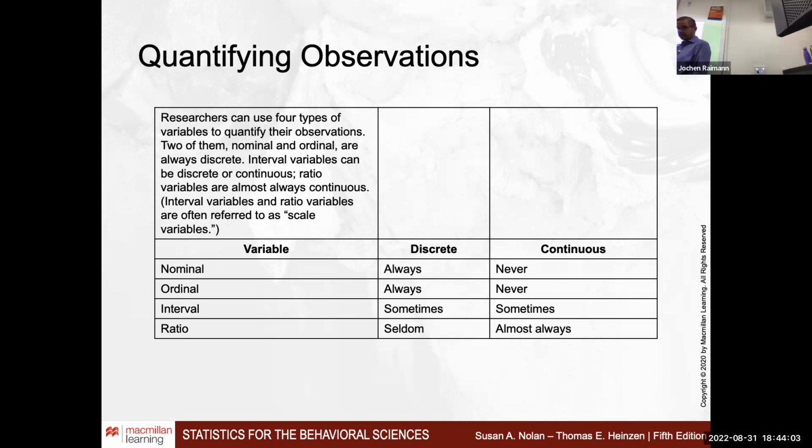If you have names, if you have different names of participants or different subject IDs, for the subject IDs, you hypothetically could, if it follows a certain order, that's where it becomes an ordinal variable. You could hypothetically define it as an ordinal variable with a specific research question. But in principle, nominal variables are always discrete, never continuous.